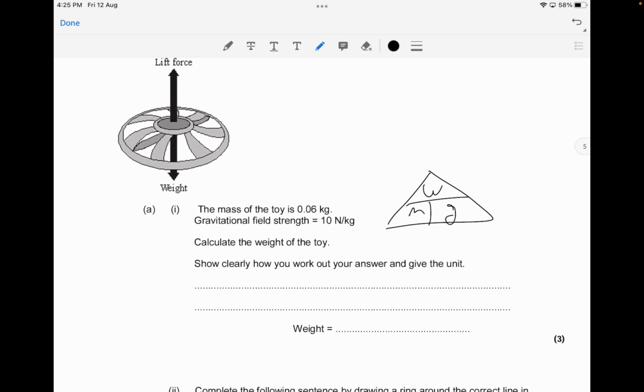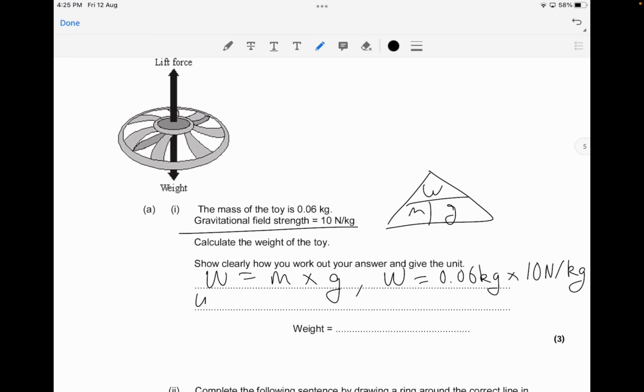Now in this case, you're going to calculate what W is. So W is weight, is going to be equivalent to the mass times the gravitational field strength. So here we have the weight is going to be equivalent to the mass of 0.06 kg times the gravitational field strength, which is given in the question itself. So you have 10 newtons per kilogram. Right, so this is going to be your value in this case.